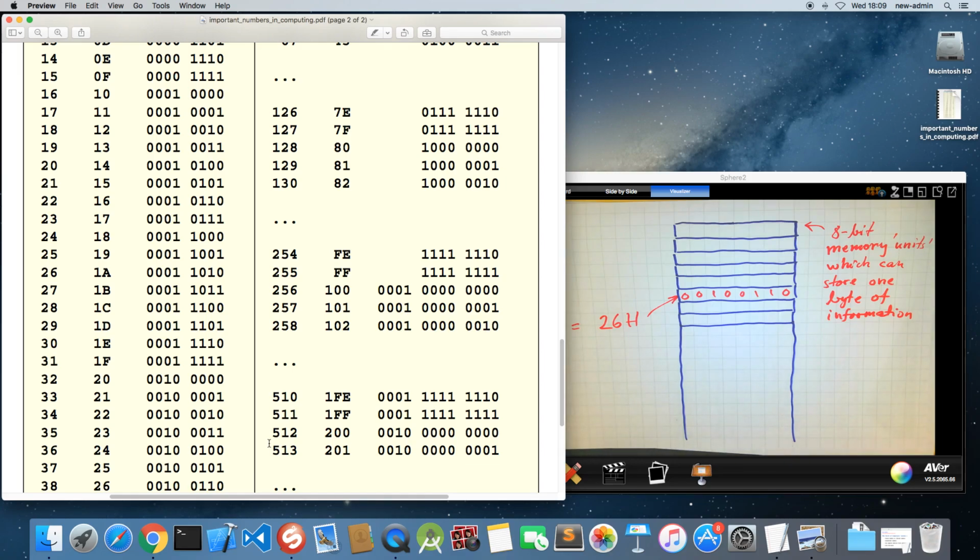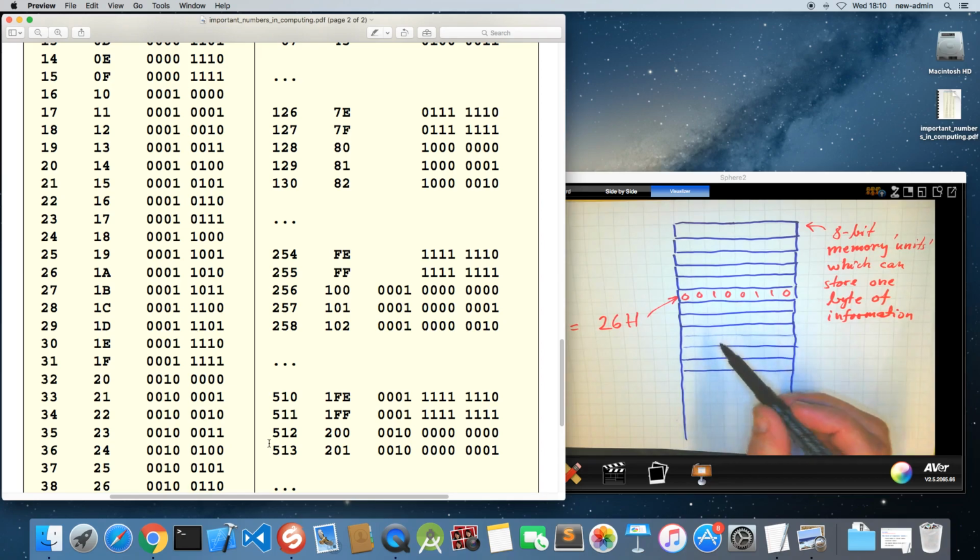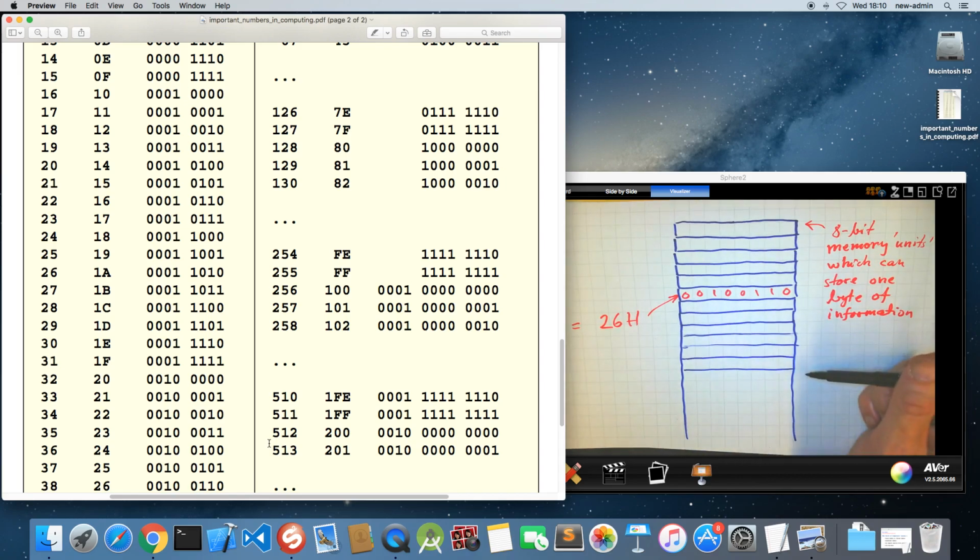And what is so amazing in computers is that the main memory works like this, that there are just these memory units, or we can call them memory cells, and so what makes computers so special is that there are so many of these memory cells there.